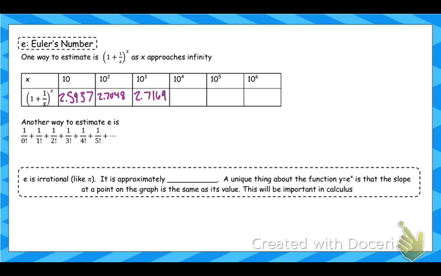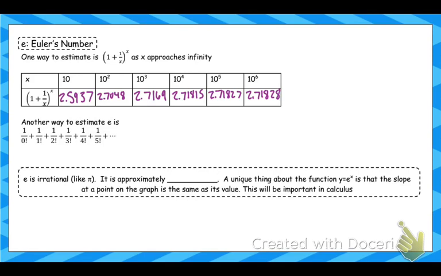Same thing, but plug in 10,000: 2.71815. Keep going, 2.71827. And then finally, I'll get 2.71828.